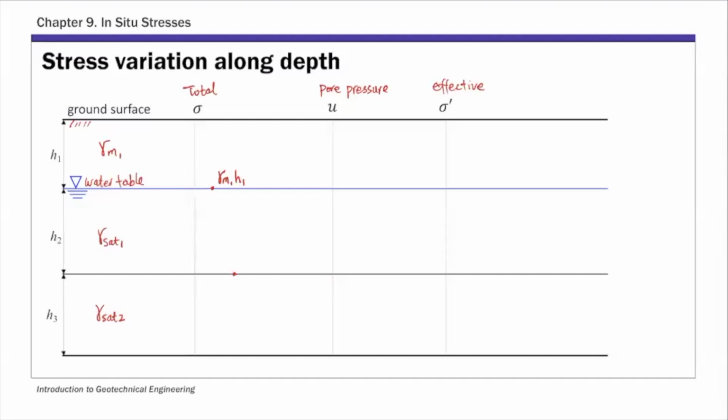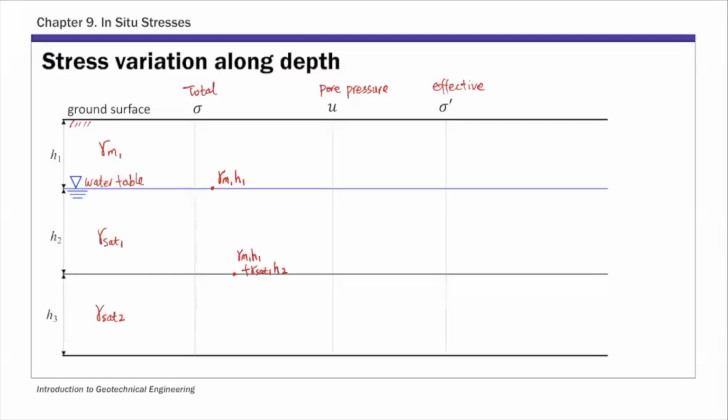The result is gamma M1 H1, the contribution from layer 1, the moist soil layer, plus the saturated unit weight gamma SAT1 times H2. So that's the unit weight of the second layer times its thickness, H2. That's the total stress value at this location.